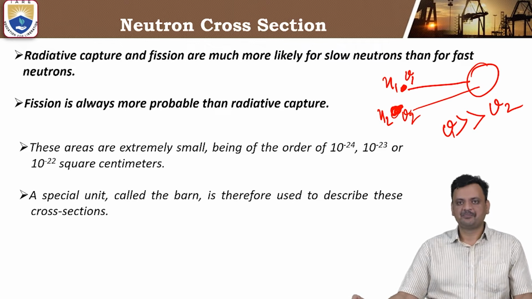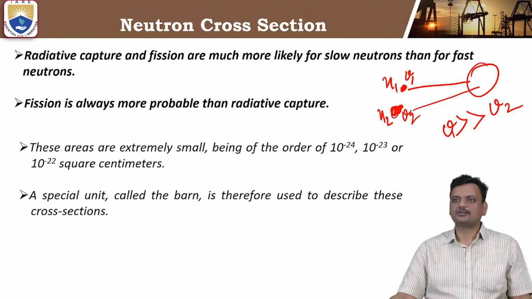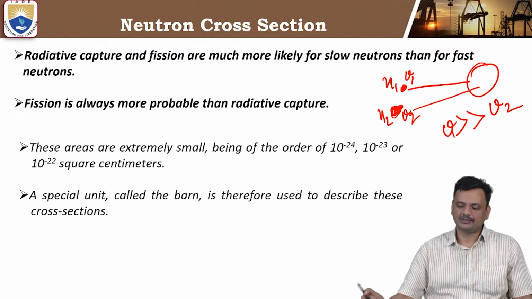So that's why it is written here that radiative capture and fission are much more likely for slow neutrons than for fast neutrons.